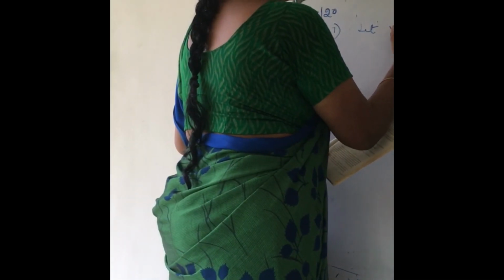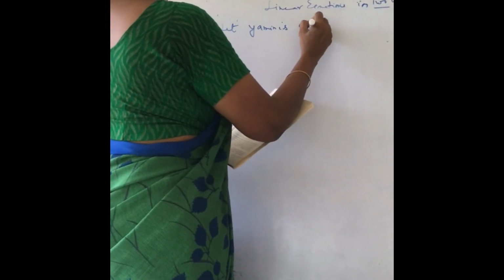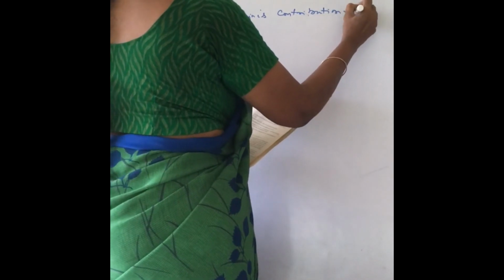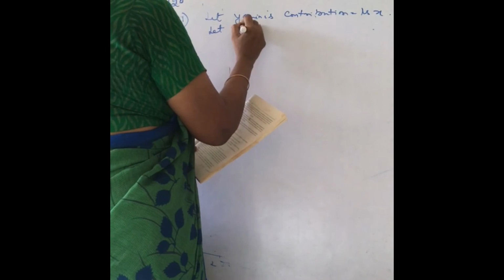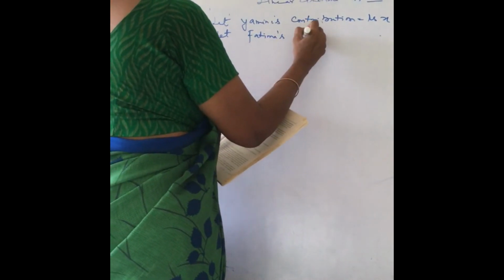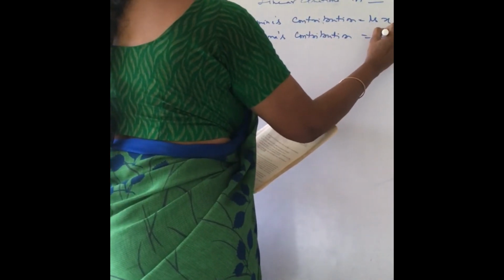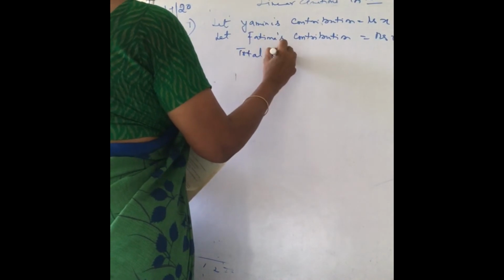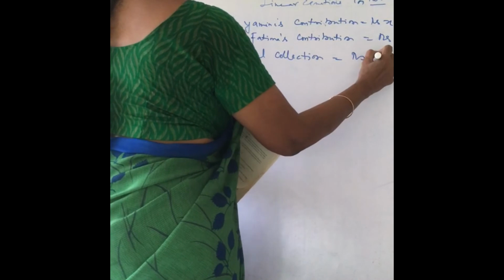Let Yamini's contribution be x, anything you can take, and let Fatima's contribution be rupees y. Total contribution is how much, children? They have collected all together rupees 100.